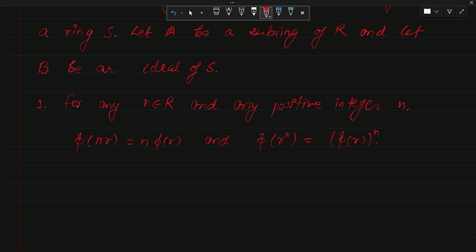So we are having first this property of ring homomorphism.